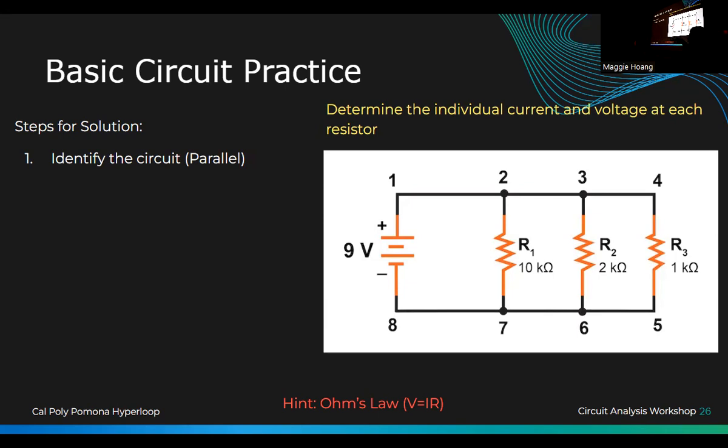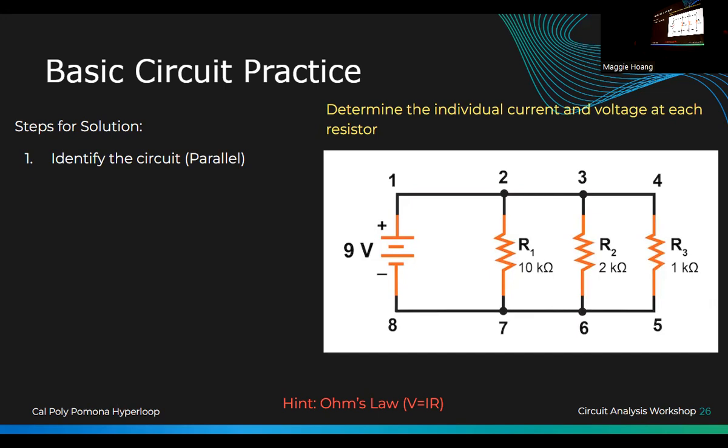Well, I was going to say the voltage across all of them is the same. You multiply them times the resistance. Exactly. So you're still using Ohm's law. Since you know that the voltage here is 9 volts, this is 9 volts, this is 9 volts, and this is 9 volts, each one has its own current, right? So all you have to do is use Ohm's law, V equals IR.